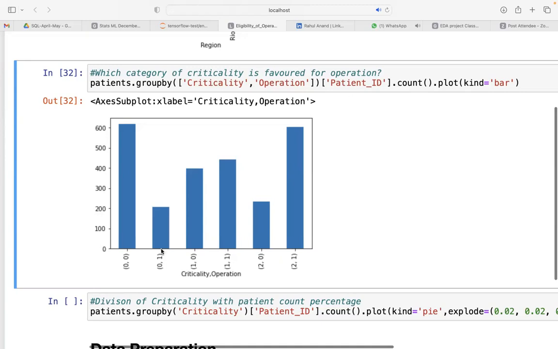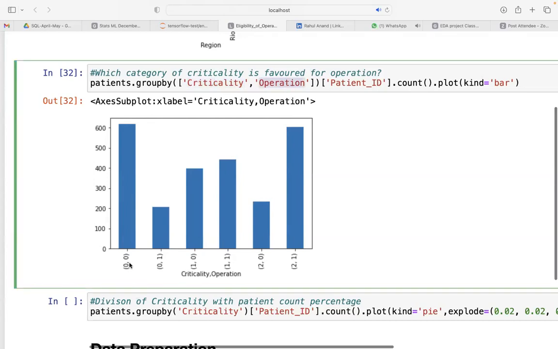When the criticality is 0, the left hand side 0 is criticality, which comes first, and the right hand side 0 is operation, which comes second.